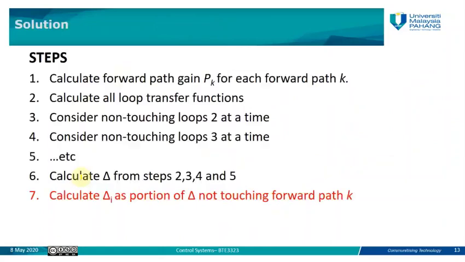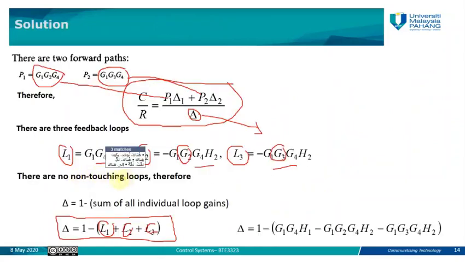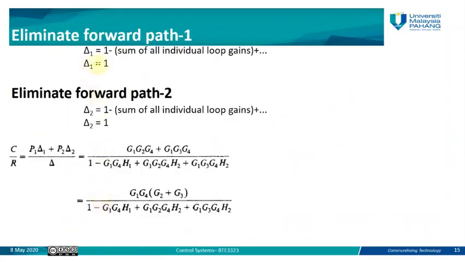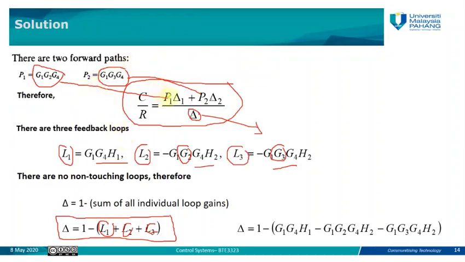So delta 1 and delta 2 both equal 1. From this formula, we already have P1, which is here, delta 1, which equals 1, P2, which is here, delta 2, which equals 1, and delta.